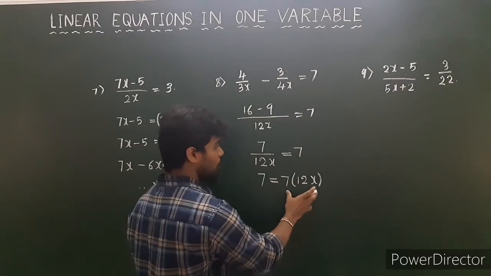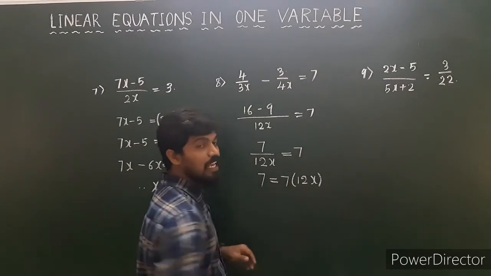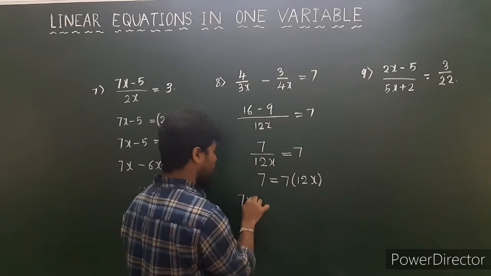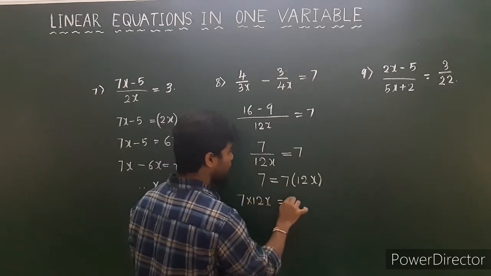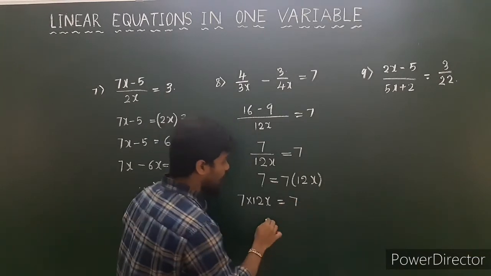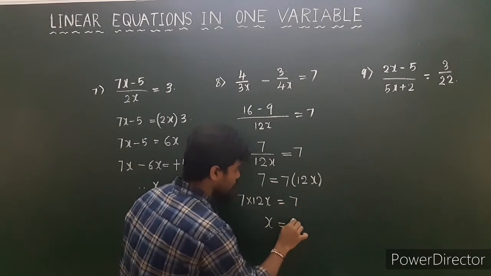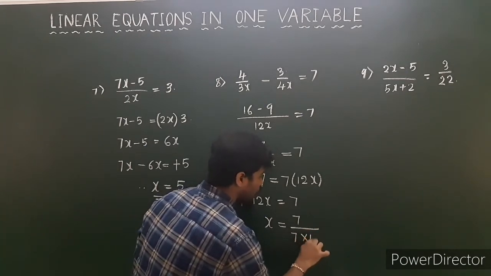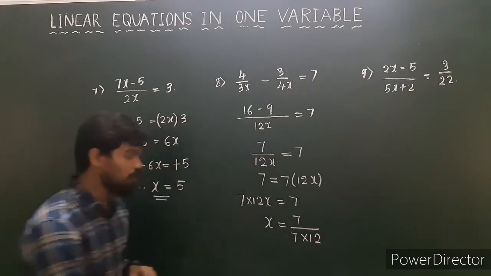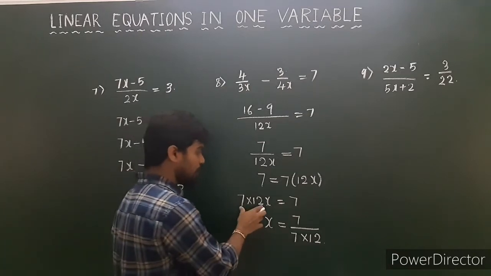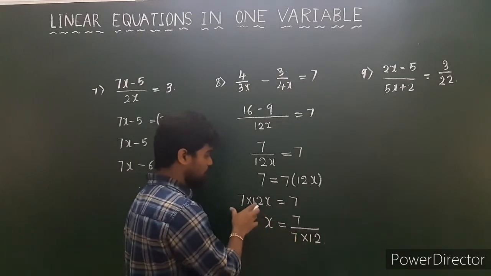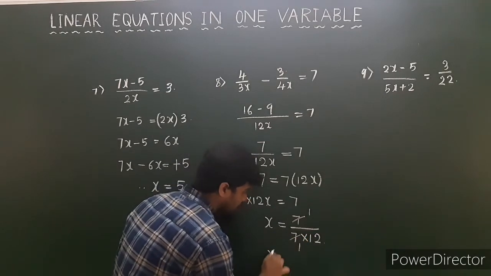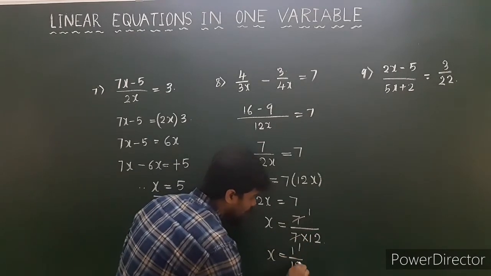First you interchange the LHS and RHS. So you get 7 into 12x equal to 7. So x is equal to 7 by 7 into 12. 7 ones are 7. So x is equal to 1 by 12.